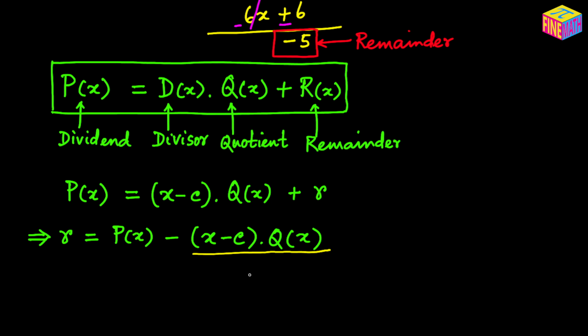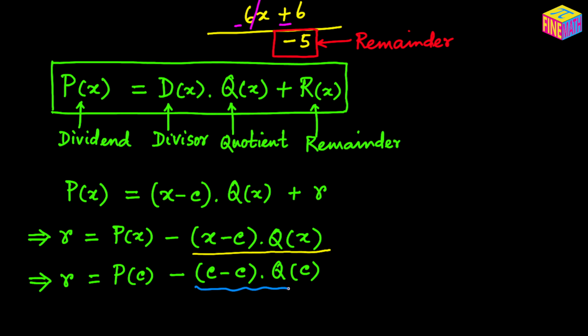So if we substitute x by c, then our remainder will be equal to, wherever we have x, I am going to use c. And then here it will be c minus c times q of c. And I don't care what is the value of q of c, because this entire term is becoming 0, because c minus c, that's 0, right?